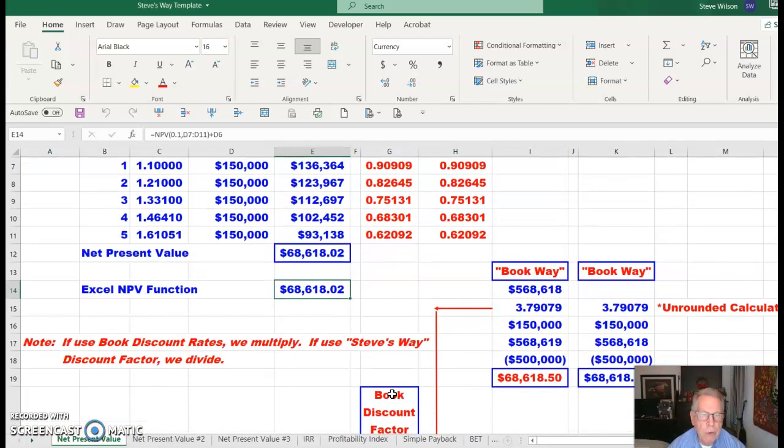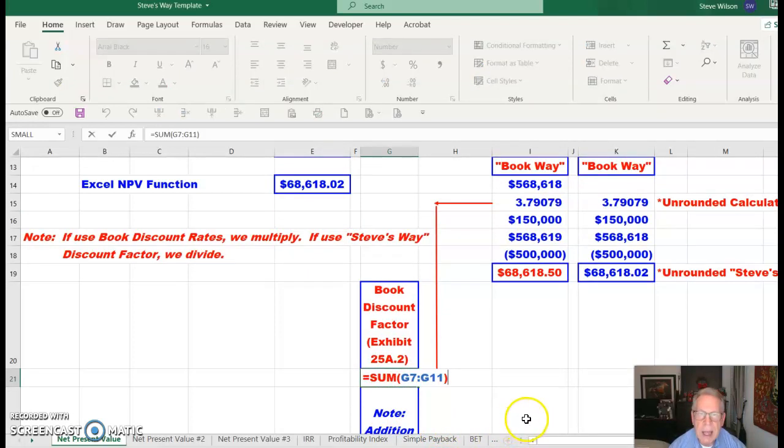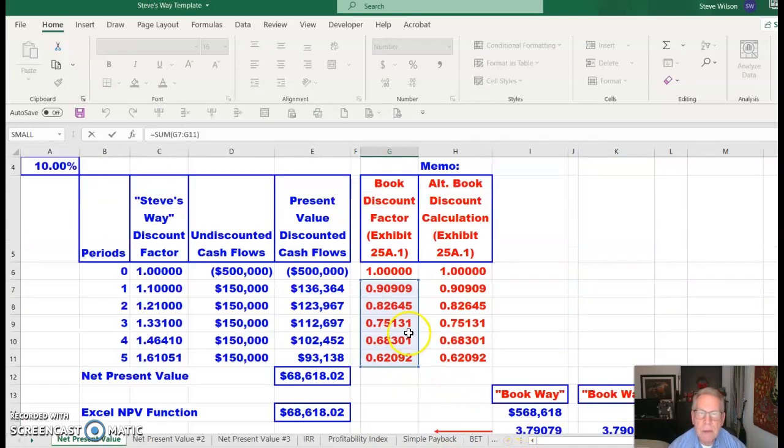But we can also do it the book way, and the book way, we're going to pick up this book factor here of 3.79, and how we get that is simply adding all these discount rates from the Exhibit 25A1 table.